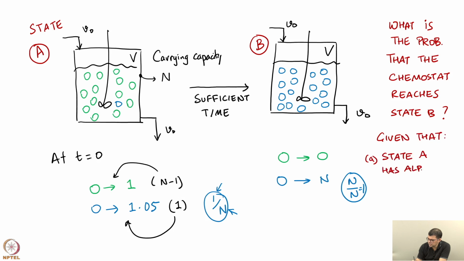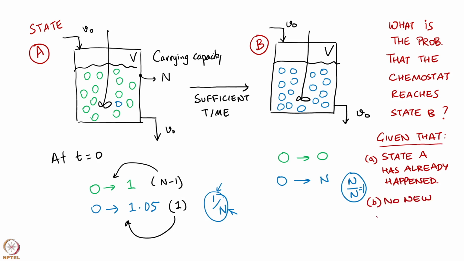So, this blue mutation has already occurred in the population, and the second thing that is given to us is that no new mutations occur thereafter.